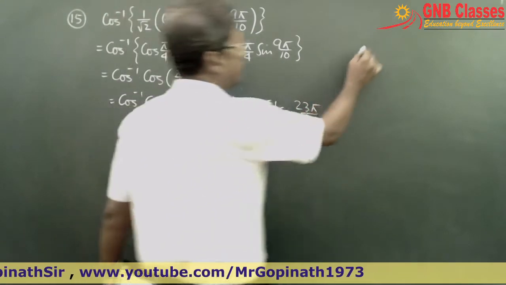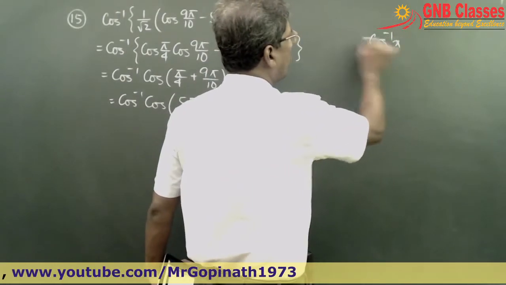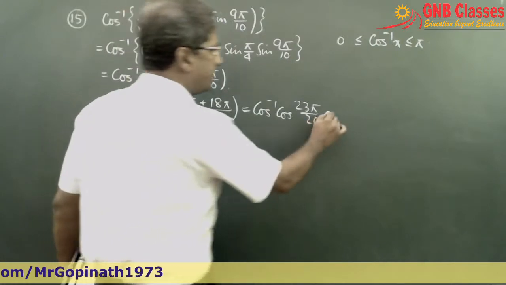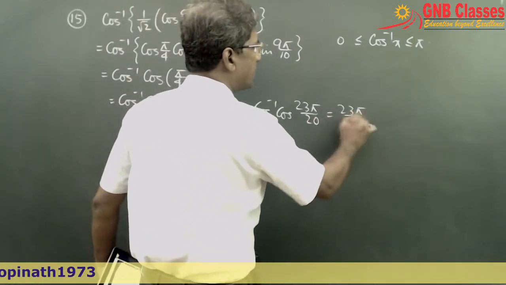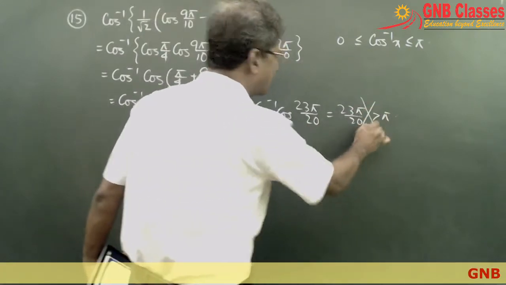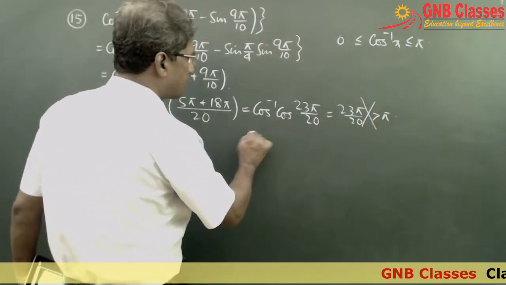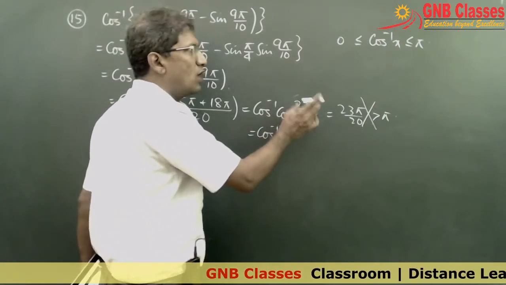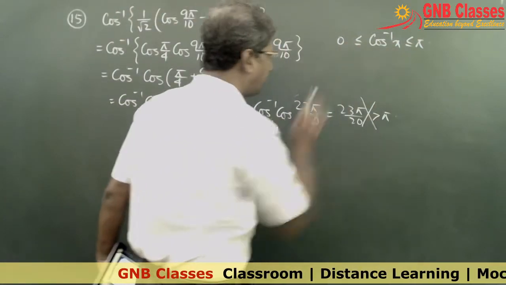We all know that cos inverse x always lies between 0 and pi. Therefore, we cannot write this answer as 23 pi by 20 because this is more than pi, isn't it? So what will happen in this case? I'm trying to reduce this value such that it falls between 0 and pi.